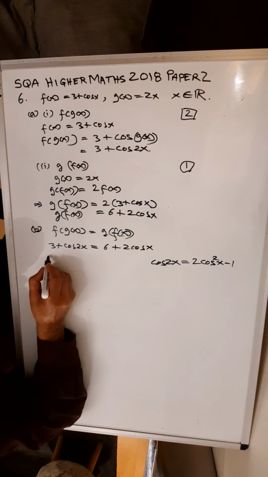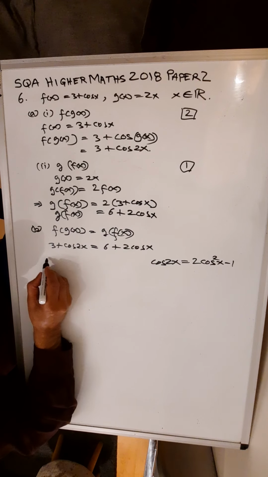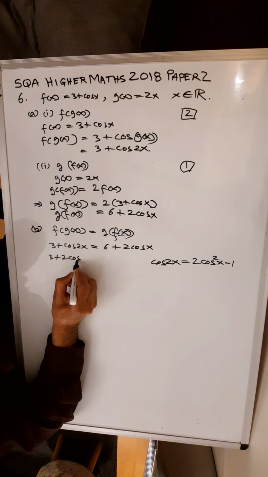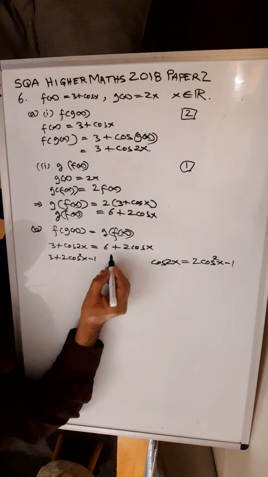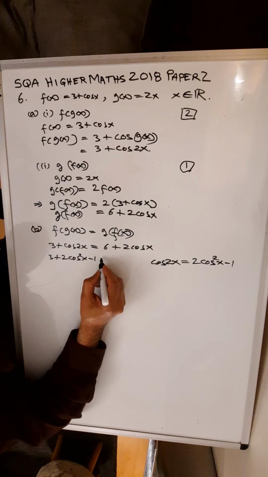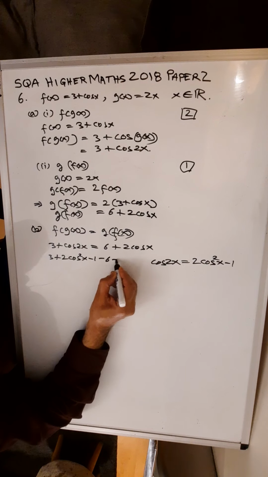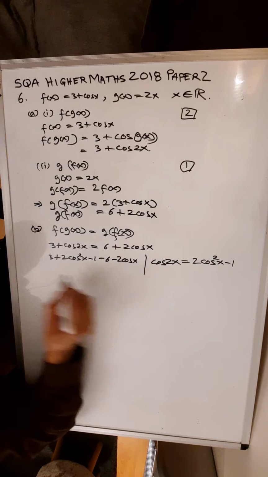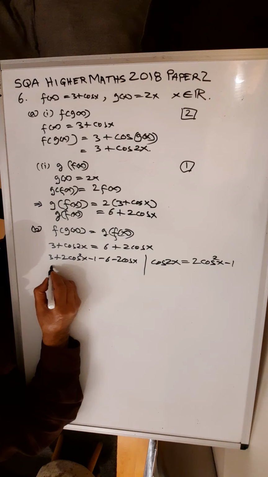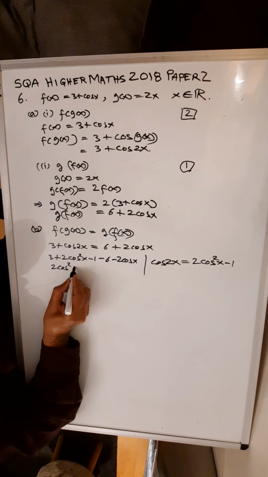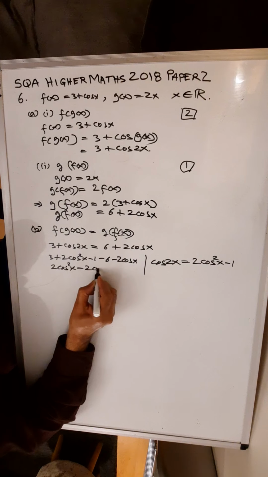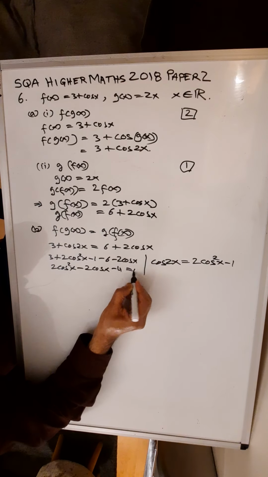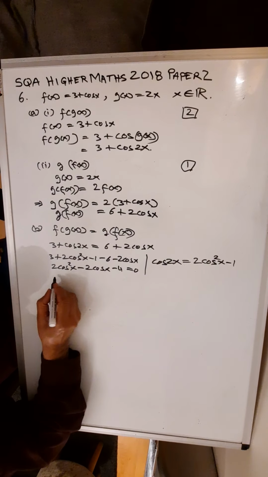So you replace that by this. So what you're ending up with is 3 plus 2 cos squared x minus 1. You bring all of this to the left side, minus 6 minus 2 cos x. Bring this to the front: 2 cos squared x minus 2 cos x minus 7 plus 3 is minus 4, is equal to 0. Then you factorize this.